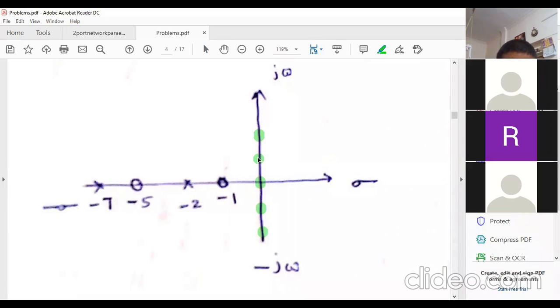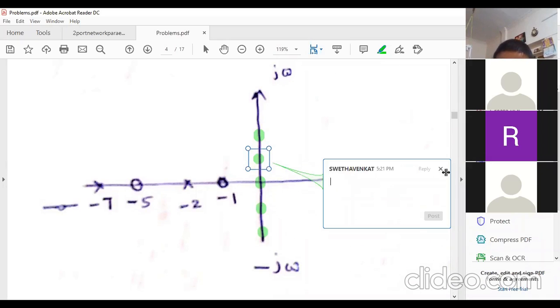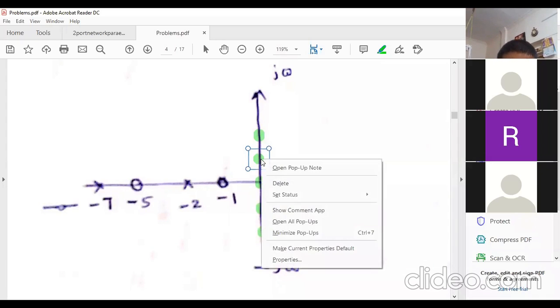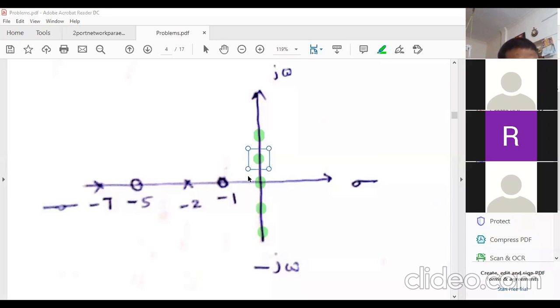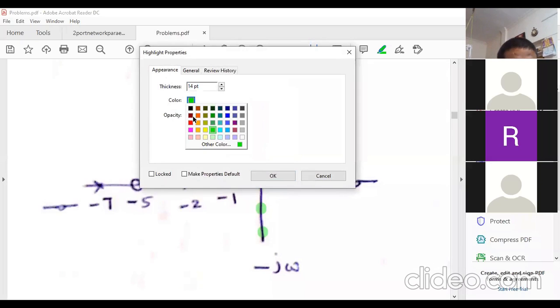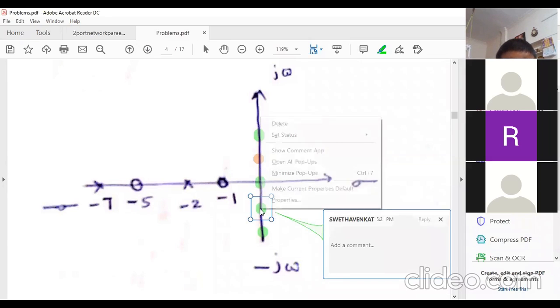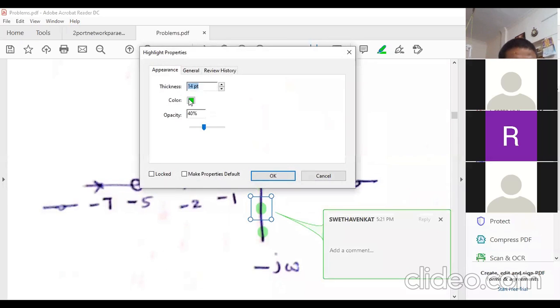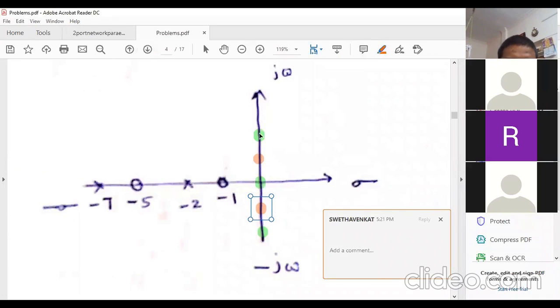I will change the color for this one. So this is plus j1 and minus j1, this is plus j2 and this is minus j2, and this is the 0.